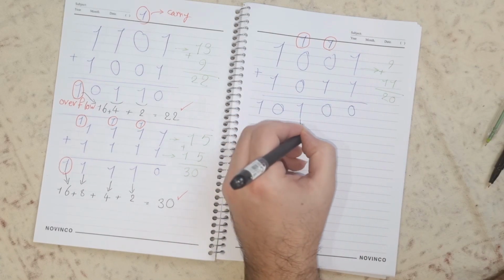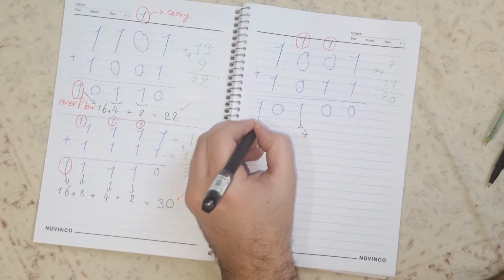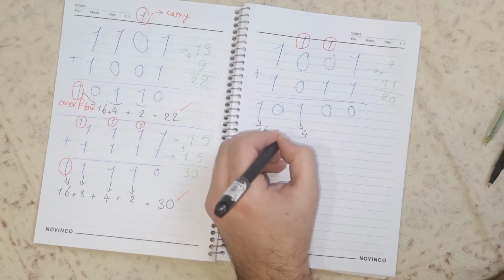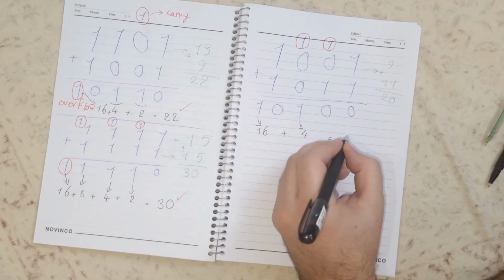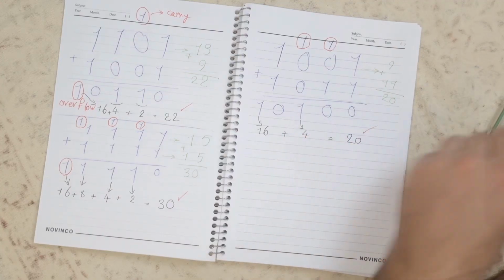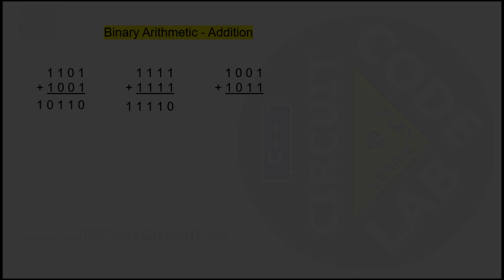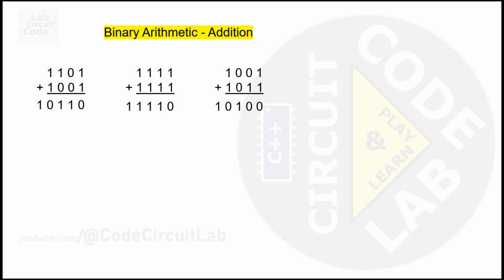This one is an 8. No, it's a 4. And this one is a 16. Adding them, we have 20. And the addition was correct. Now we're back and the result was 10100. Let's see another example.